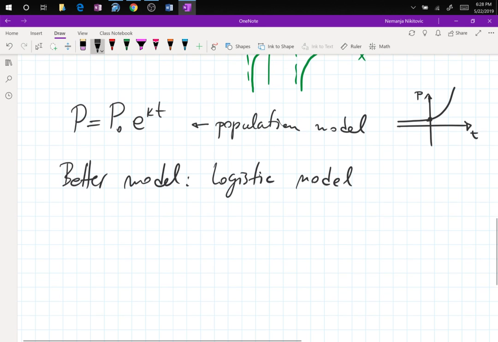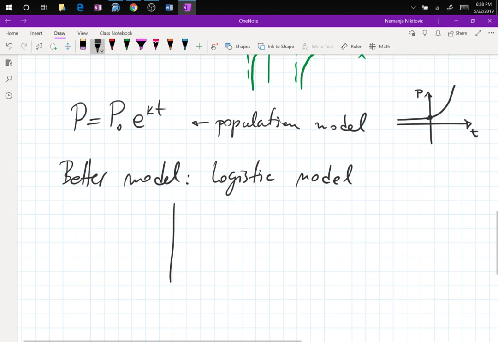The logistic model introduces what we call the carrying capacity of the planet. So you have your initial population P0, just like you had initial population P0 there.